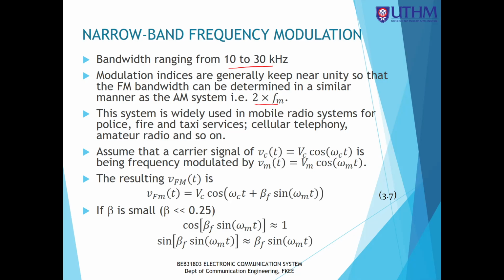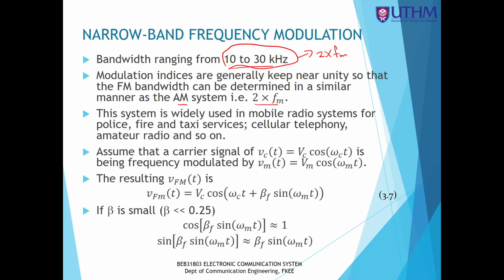So you're going to see later that the bandwidth is actually equal to 2 times fm, which is similar to the AM double sideband full carrier that we have learned previously.